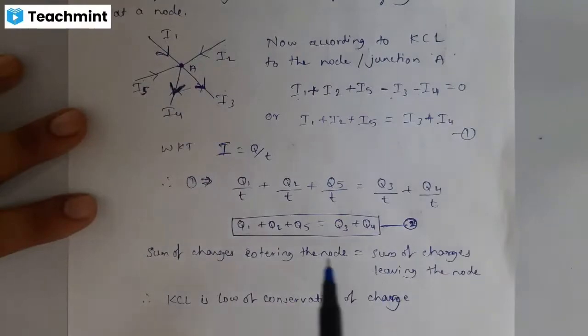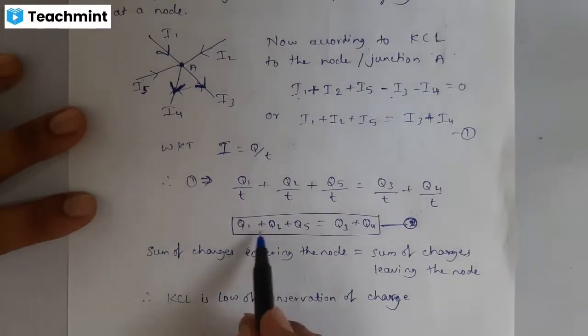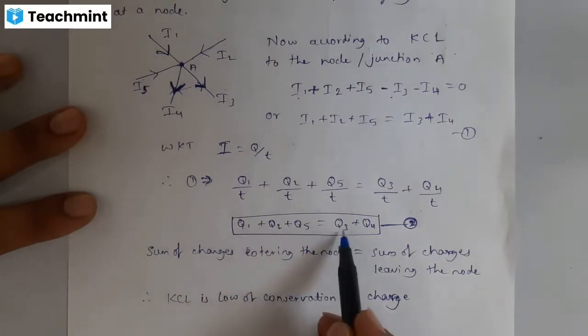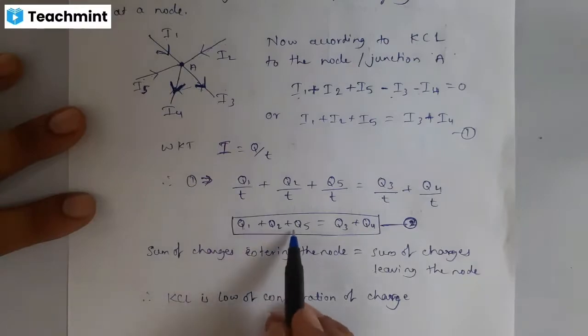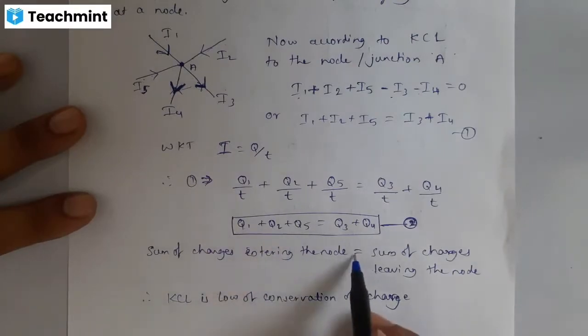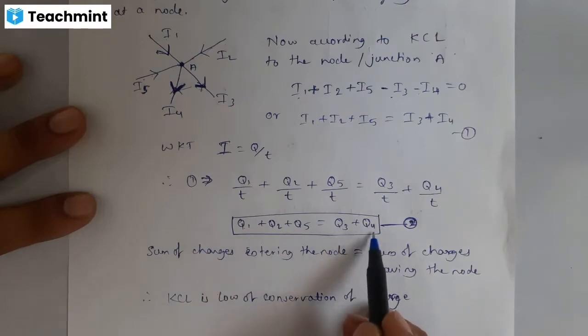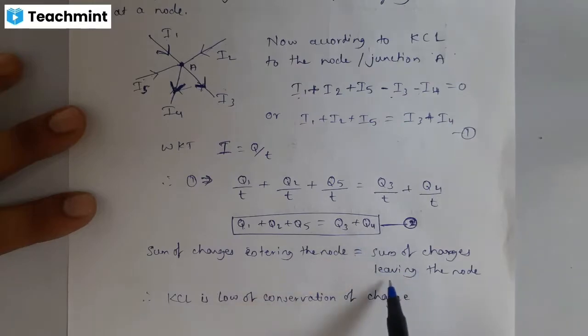Now, what does it actually state? You can see here q1 plus q2 plus q5 equals q3 plus q4. The sum of charges entering the node, q1, q2, q5, equals the sum of Q3 and Q4, which is the sum of charges leaving, or exiting, the node.